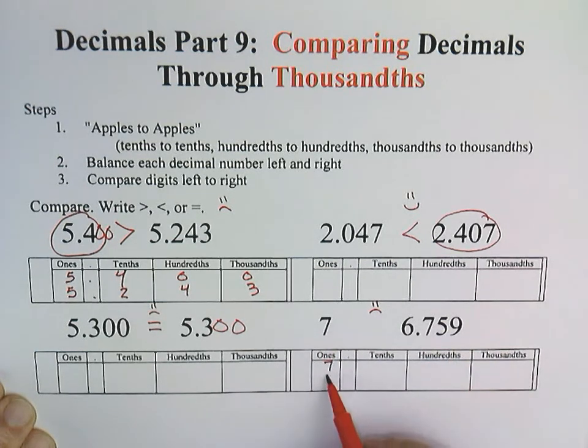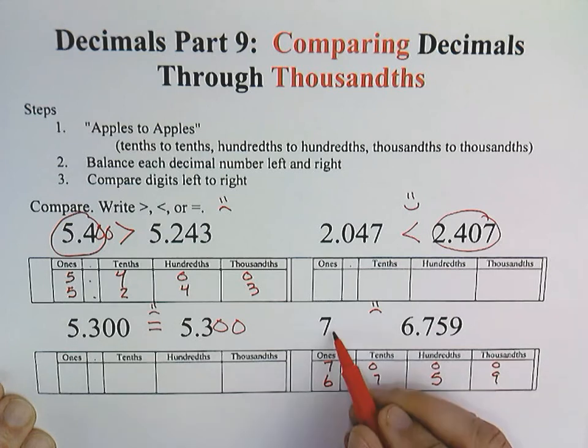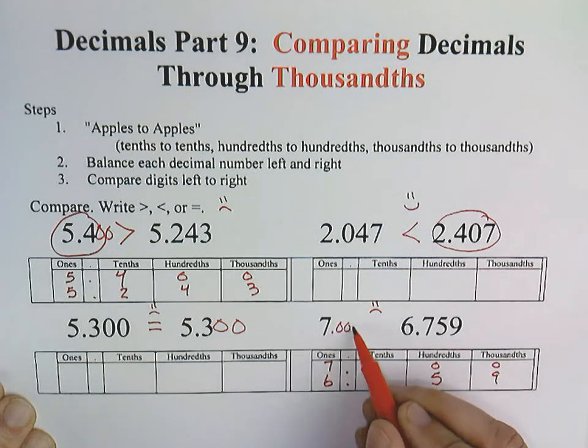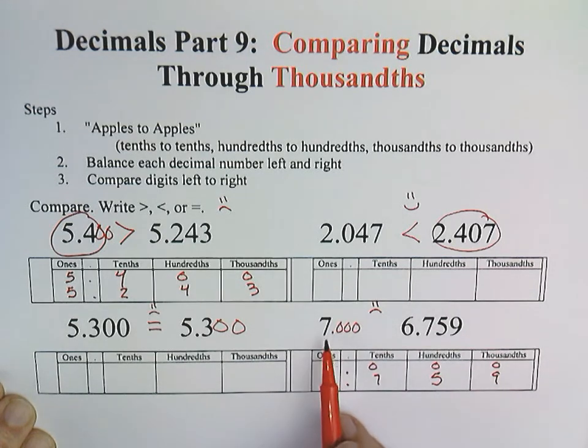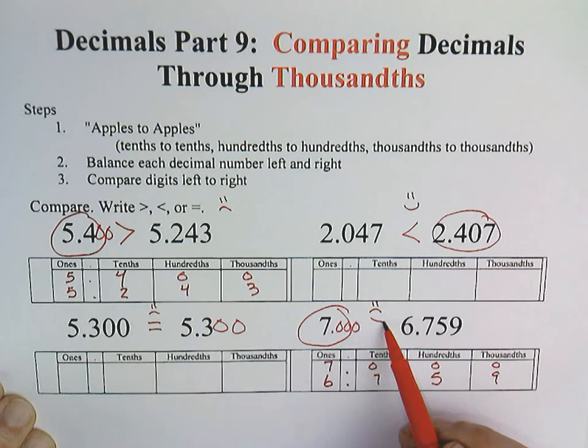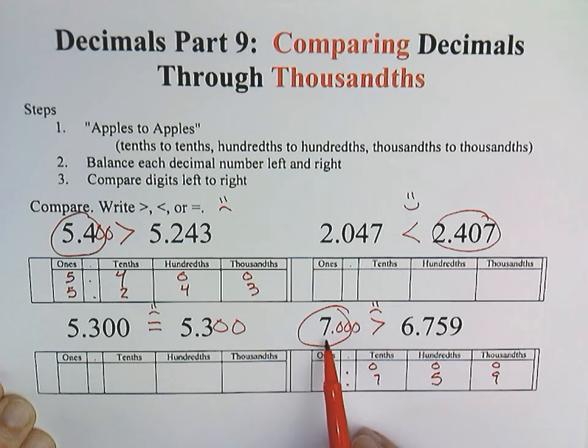This bottom number would be 6 and 759 thousandths. We said balance is key, right? Apples to apples. So we're going to add our decimal and 3 zeros. I'm going to show that up here as well. Now when we compare, we start with our ones, and 7 is not the same as 6. 7 is greater. So we would read this as 7 is greater than 6 and 759 thousandths.